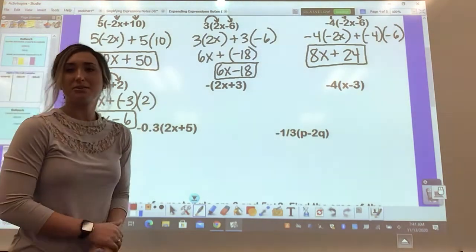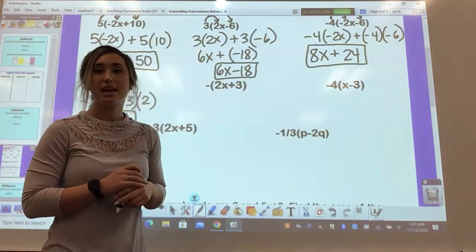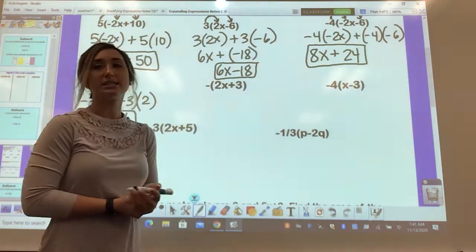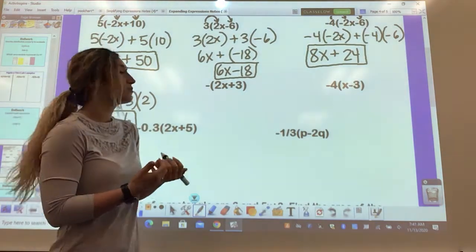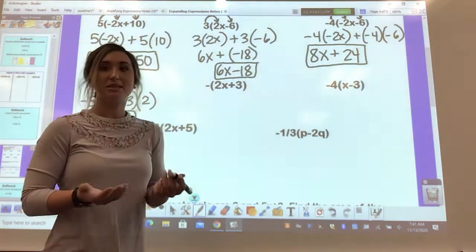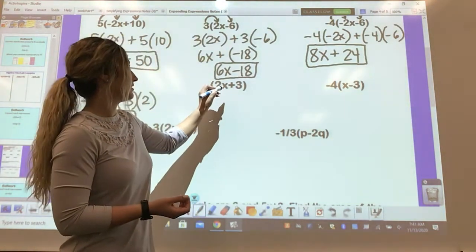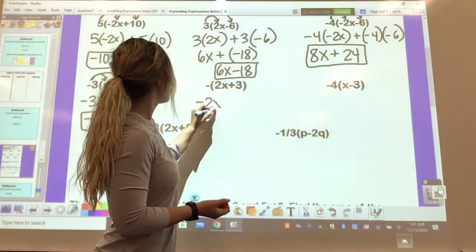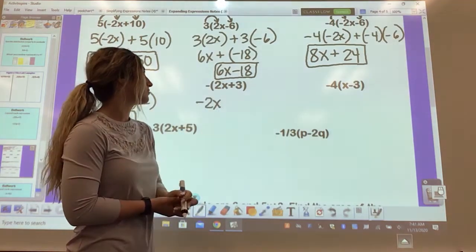This one looks a little bit different. It's just a negative sign out in front of the parentheses. And just like with variables, when there's no number, it's just a negative sign, it can be represented with negative 1. So technically you could distribute the negative 1 or just distribute the negative sign. Okay, negative distributed into a positive 2x would be negative 2x, because negative 1 times positive 2x would be negative 2x.